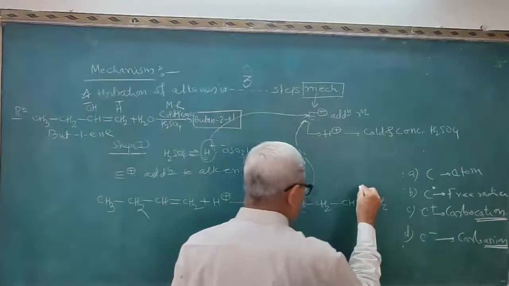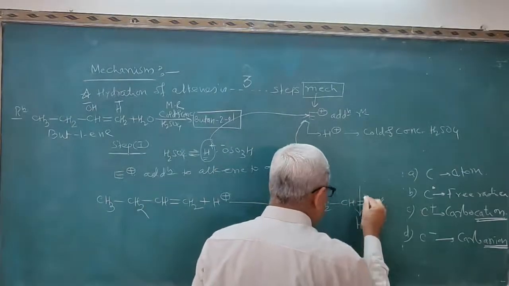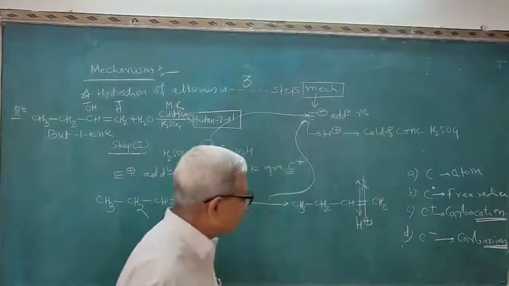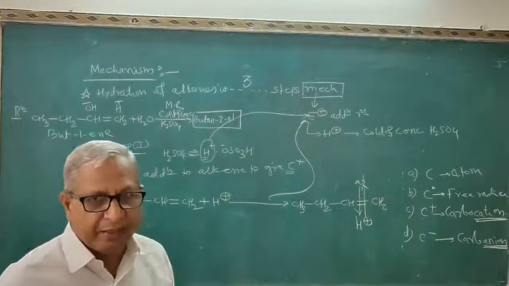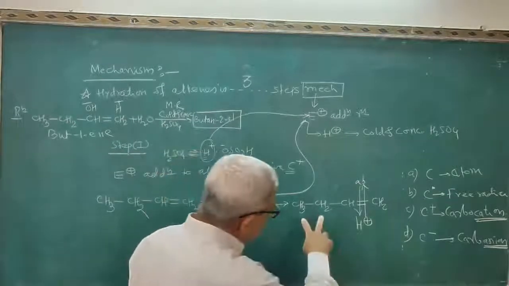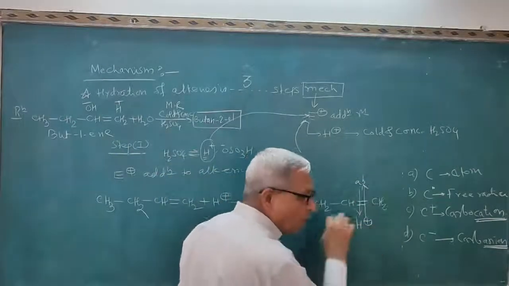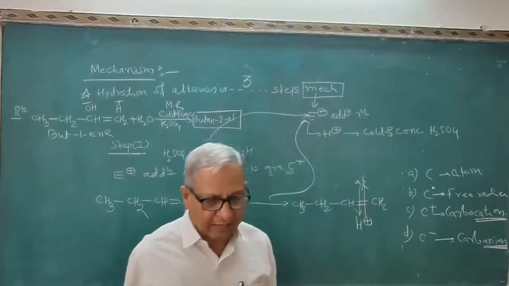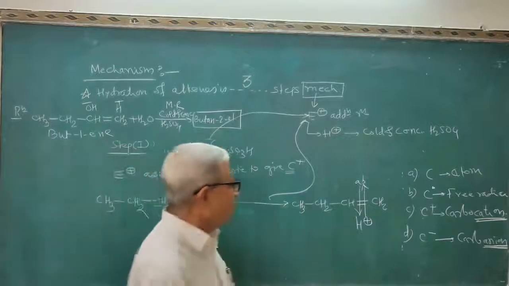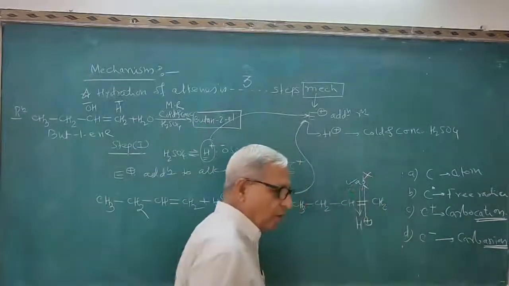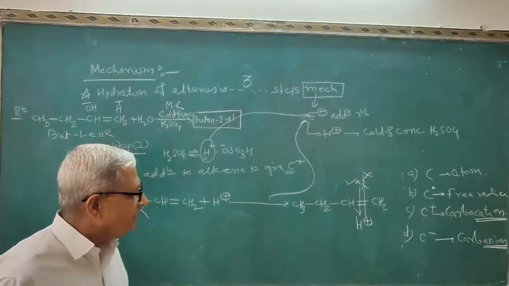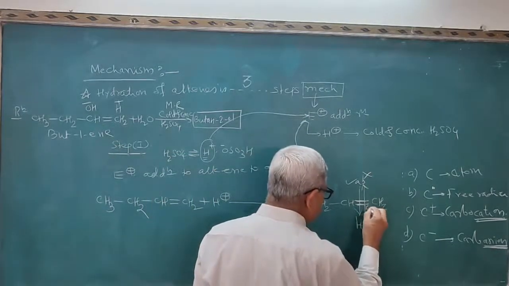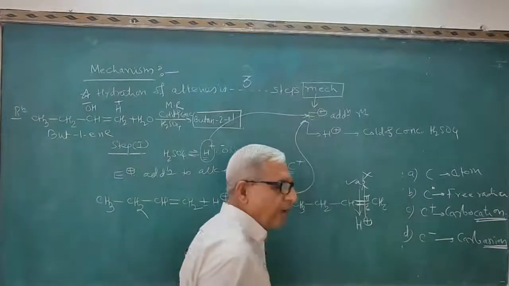Now I will select the objective question here. Two options are given, A and B. Option A indicates alkene to the proton. Option B indicates proton to the alkene. Select the correct arrow here. The correct arrow is A, B is wrong. Why is A correct? The carbon-carbon double bond has one sigma bond and another pi bond.